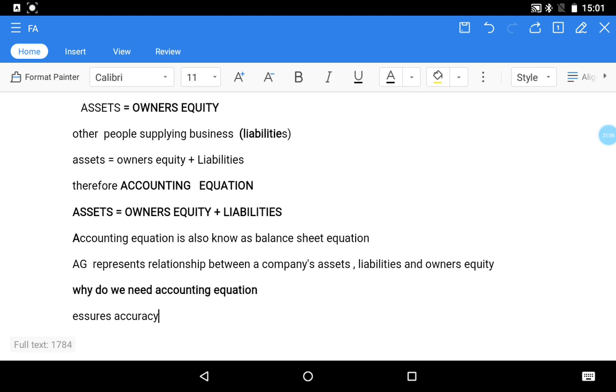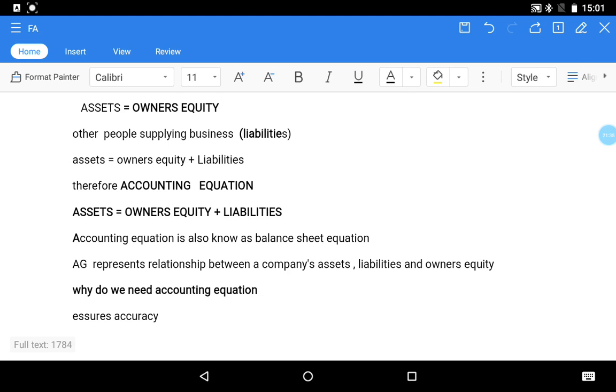That means the accounting equation gives you information that whatever is running in your business gives you accuracy. My assets are equal to my capital plus liabilities, meaning my assets can cover liabilities and I remain with my capital. That is accuracy.